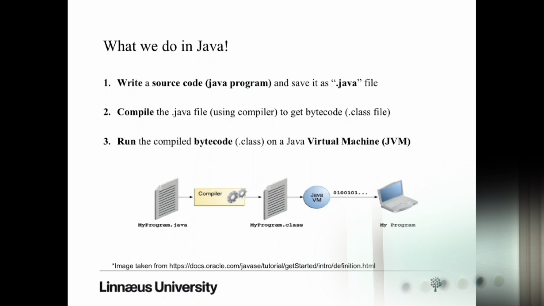As you know from other courses, computers don't understand anything other than machine language. So if you have written code in a high-level language like Java, C++, or any other, you need to compile it into a format that is understandable by the computer.